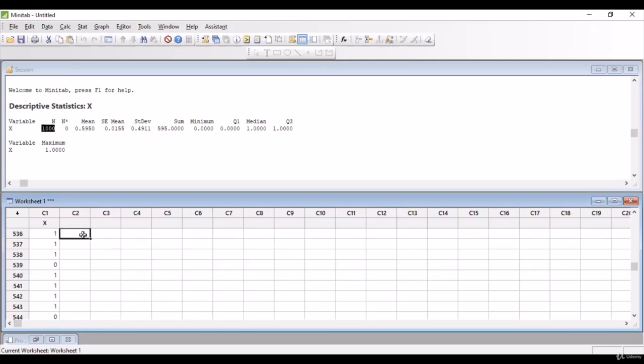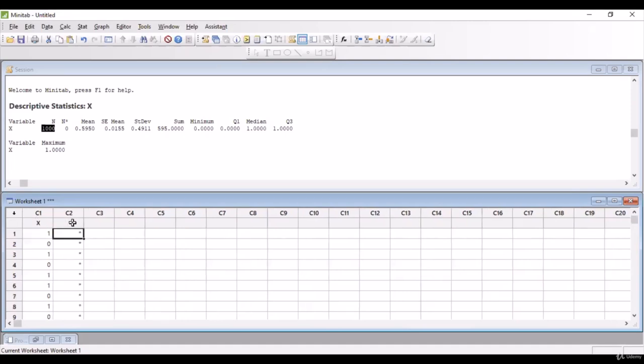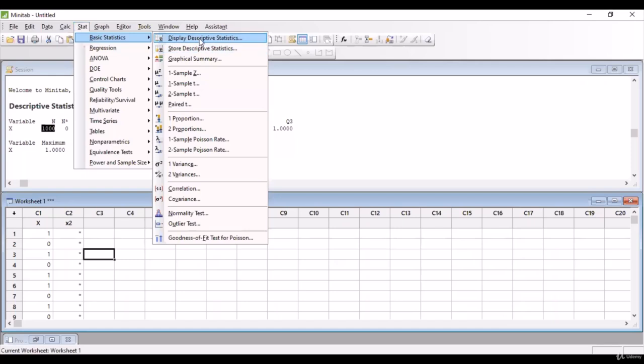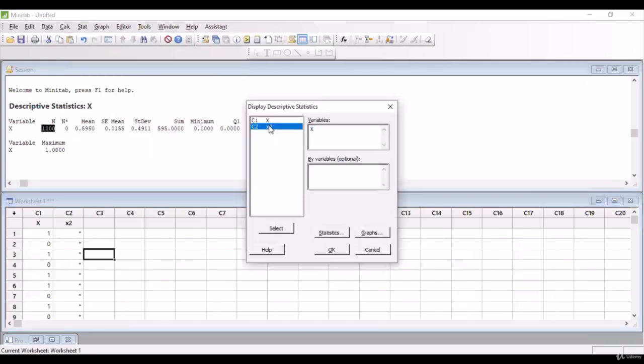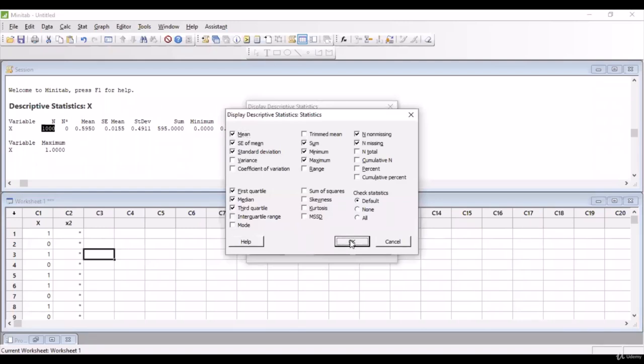I am pasting it here and labeling this as X2. Now I am going to run the same thing: stat, basic statistics, descriptive, whatever it is. Even if you don't understand, this is fine, buddies, just be with me. I just wanted to take you to the concept.